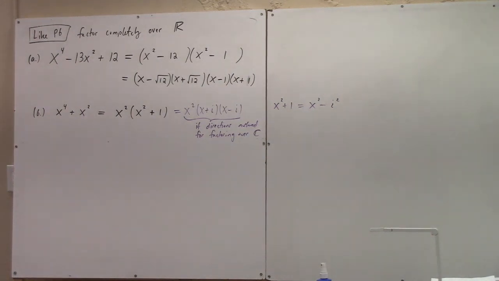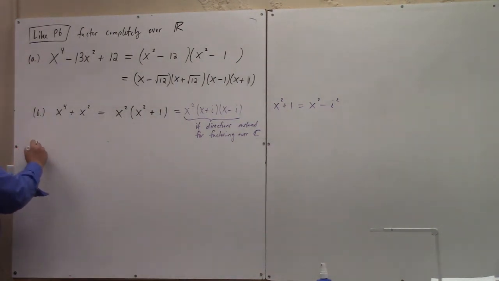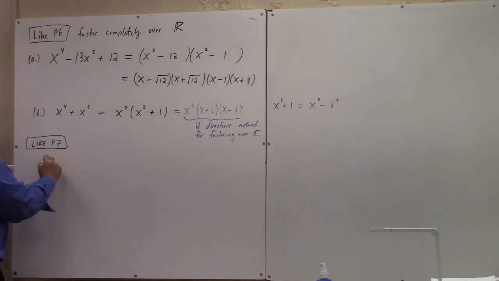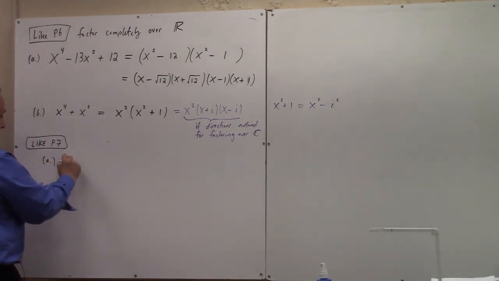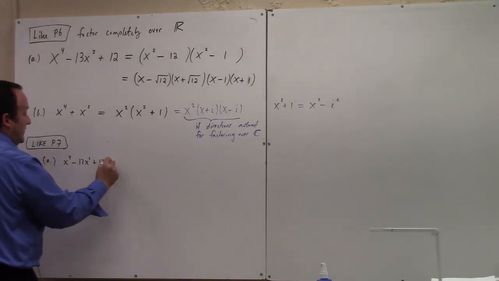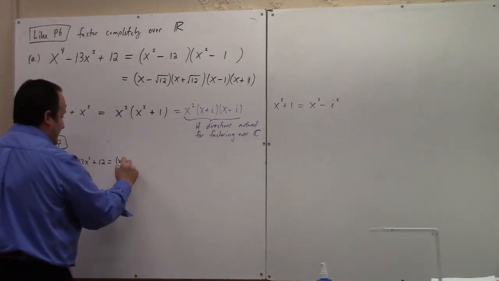Now, your question was number 7. But to understand number 7, I need to have number 6 done. So this is going to be like problem 7. For the examples I have here, follow-up A, I would have x to the 4th minus 13x squared plus 12, which, by the way, we figured out was x minus the square root of 12, and so on.